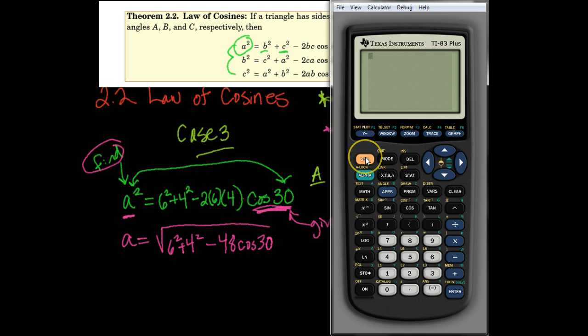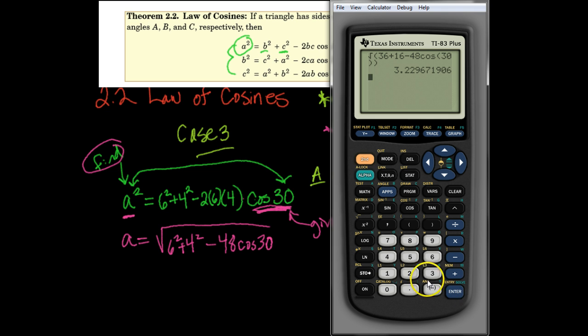So we're going to type this into our calculators, and once again, I always like to do it all at once because it's so much more accurate. You could just do 36, because that's 6 squared, plus 16, minus, don't forget to put parentheses around everything on the inside, 48, and we should be in degree mode still, cosine 30, close those parentheses, and then close the parentheses to show that you're done with the square root.